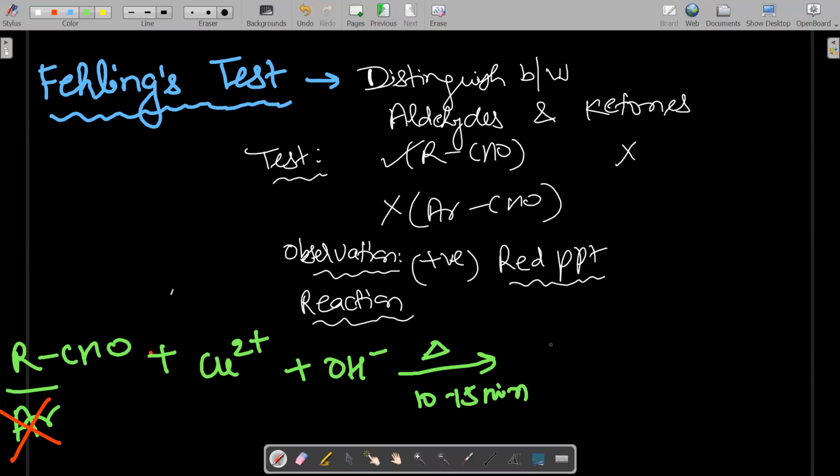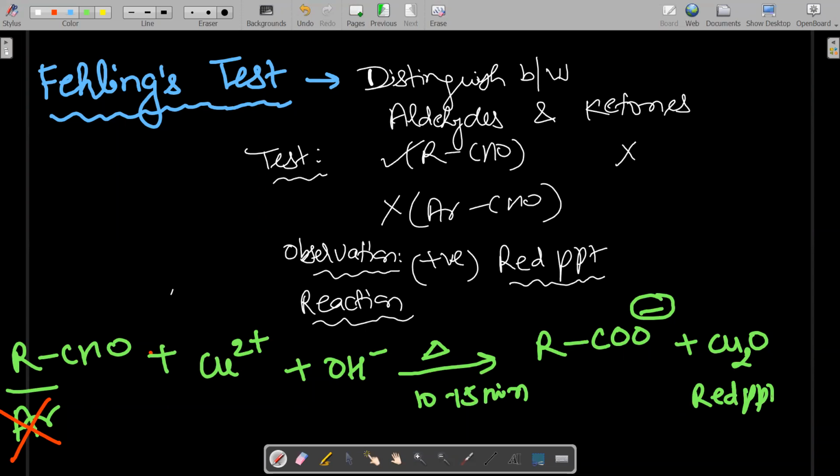And then what happens? Aldehyde gets oxidized into carboxylic acid, and Fehling's reagent is reduced into copper 1 oxide, which is in the form of a red precipitate, plus water as a byproduct. Okay, so here you are getting a red precipitate. Better you write it in this color also. Okay, so there is a formation of a red precipitate.